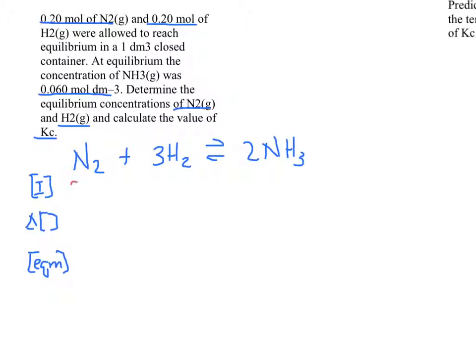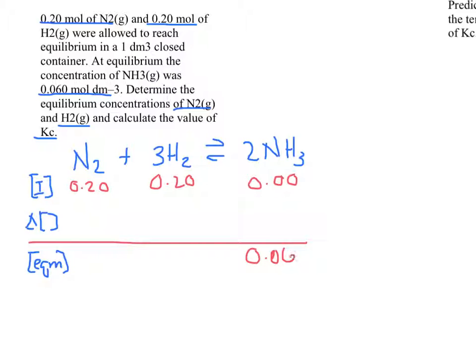We are starting with 0.20 moles of N2, 0.20 moles of H2, and 0.00 moles of NH3 because it's a product. We know we have 0.060 moles of NH3 at equilibrium. The rest of the information is unknown.